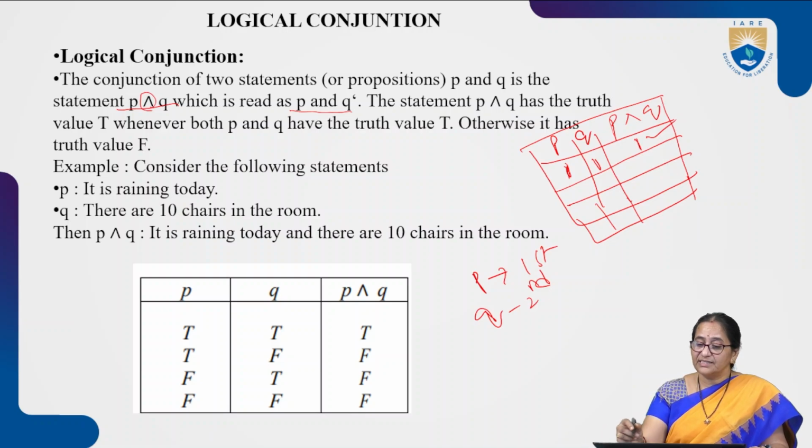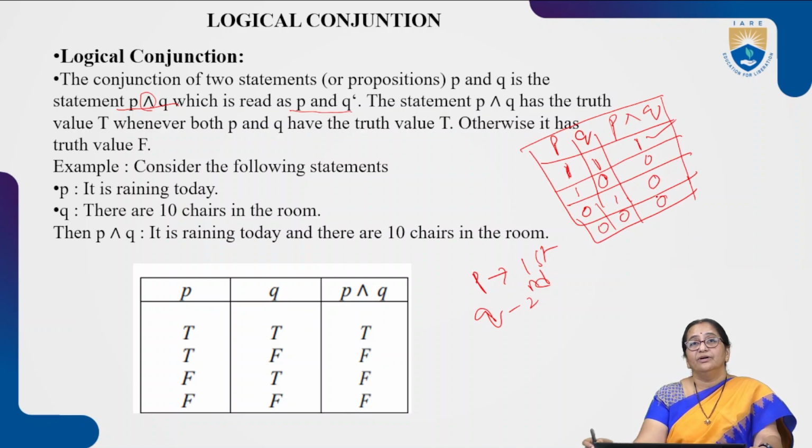The next one is 1, 0; its value is 0. 0, 1; its value is 0. 0, 0; its value is 0.